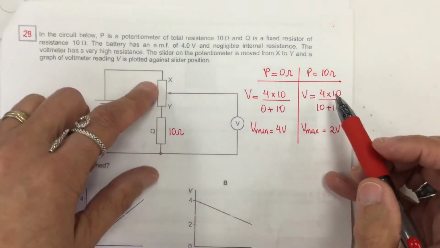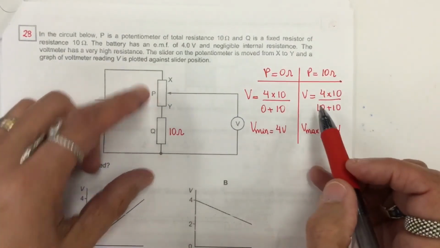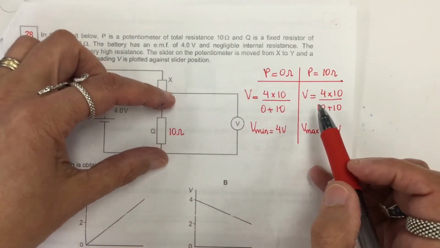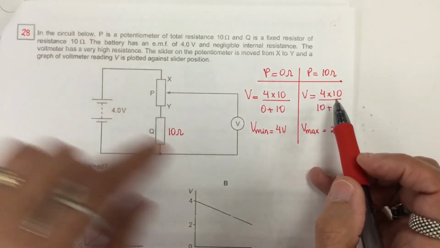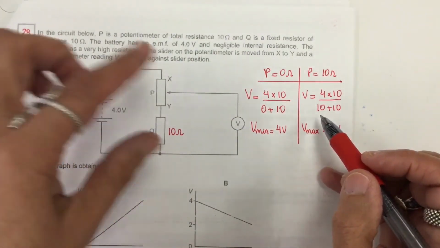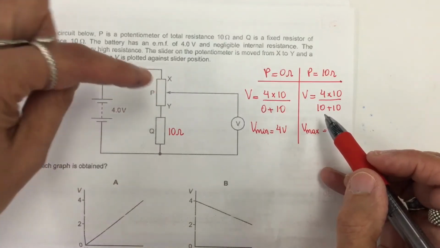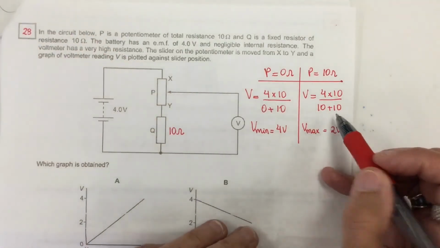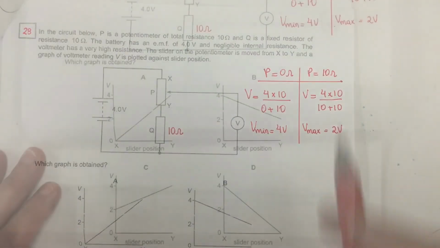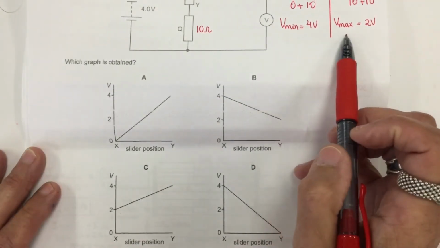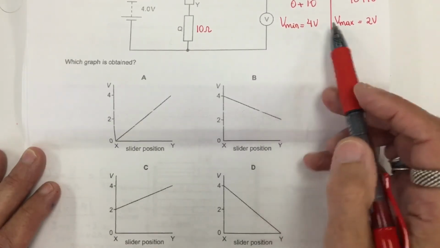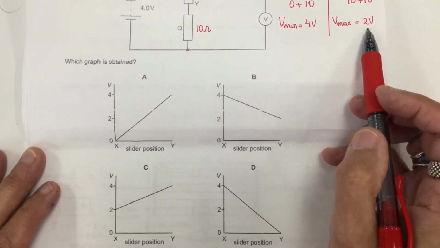Now when P is 10, same thing. The voltage on this section is Vn, which is 4 times 10, didn't change, over the sum of the resistors in series. Now it is 10 plus 10, which is 20. So now Vmax is 2 volts. So based on our result, we have a minimum voltage of 4 and a maximum voltage of 2.